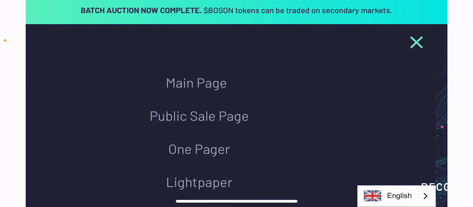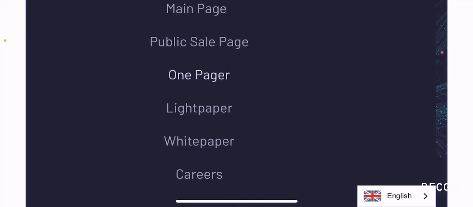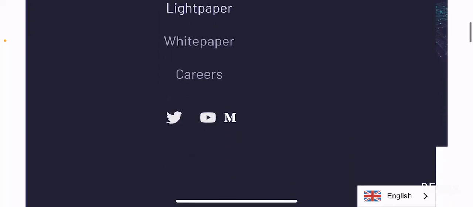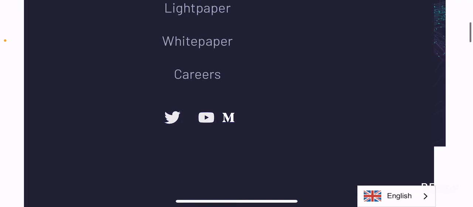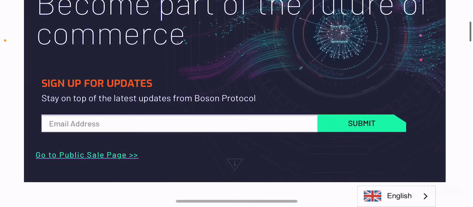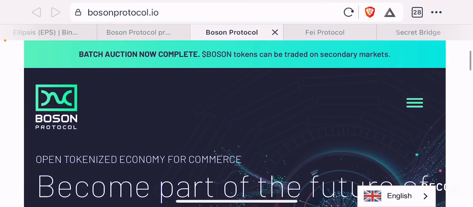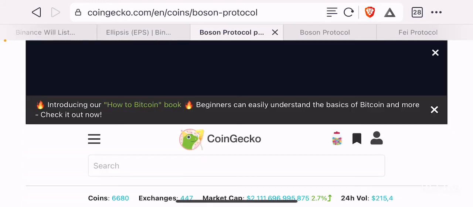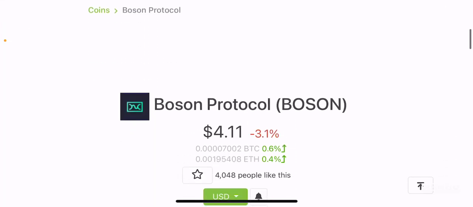So again, I suggest you guys read through their white paper as well as their other information. You can also go through their Medium post to see what kind of updates they're posting, and also use their team members' LinkedIn and Twitter pages to learn more about what kind of projects the team members are currently involved in, right?